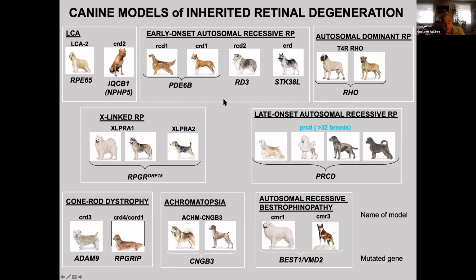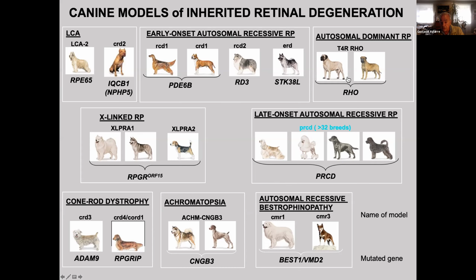There are over 20-some models. All of these here have been identified in my lab. We have LCA forms, the RPE65 and the NPHP5. We have a number of early onset autosomal recessive RP disorders, like this RD3 mutation could just as easily fit in the LCA category because that's where it fits in human patients.